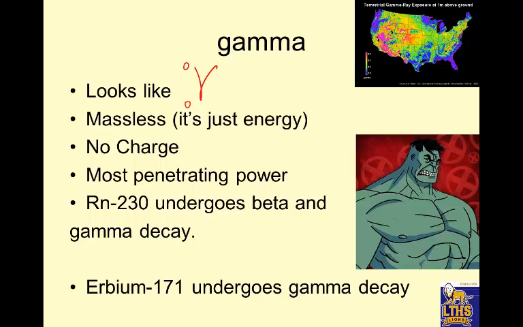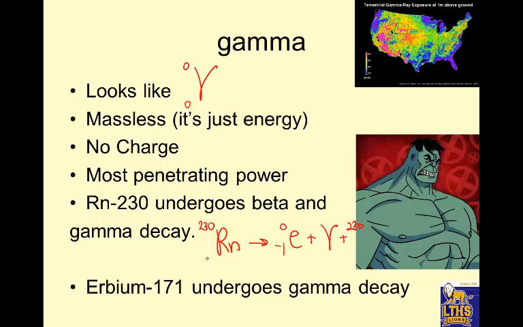Okay, this is radon 230. It undergoes beta and gamma decay. So you can start with Rn 230, and then what you would look for is the bottom number, so you need a periodic table. And then you would put a 0 and a -1e for your beta, and you'd put your gamma radiation, which isn't going to change the numbers, and then you're going to have a top number. That top number is going to be 230 because on the left and the right it has to equal 230.